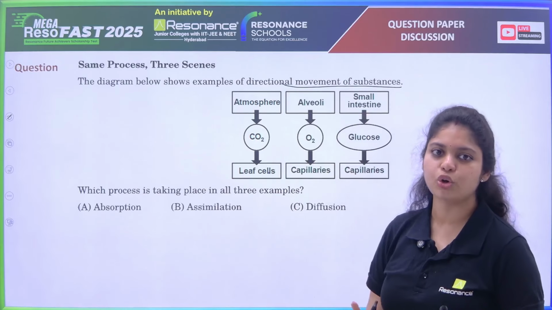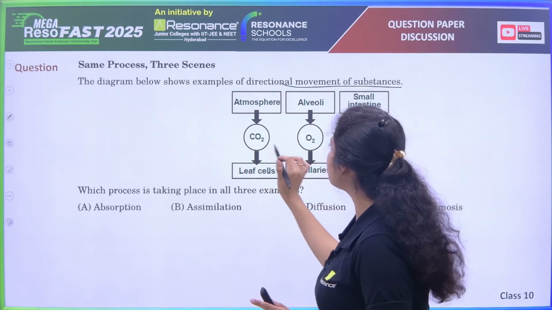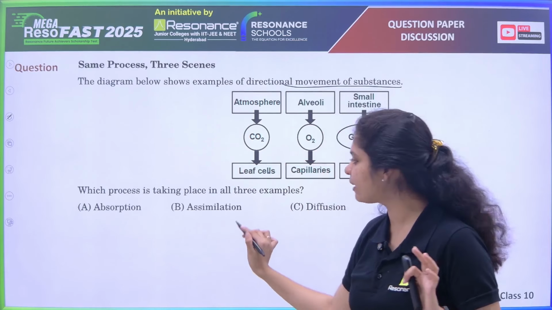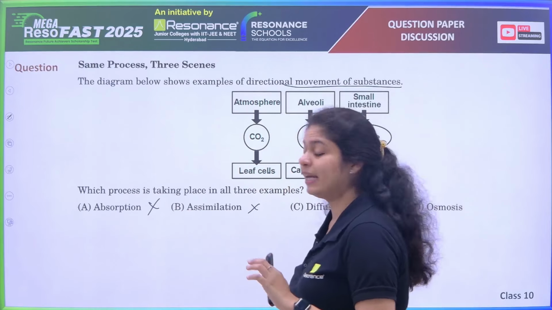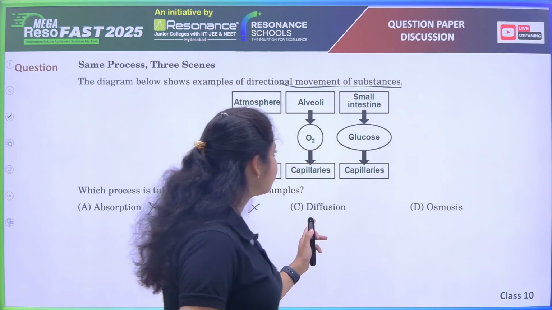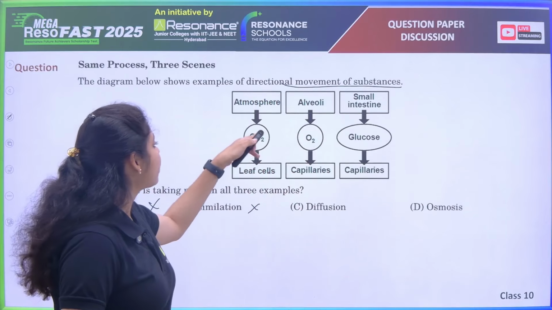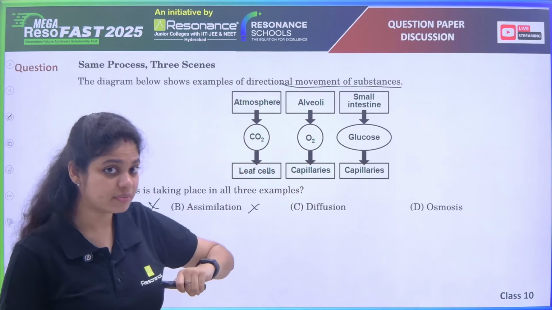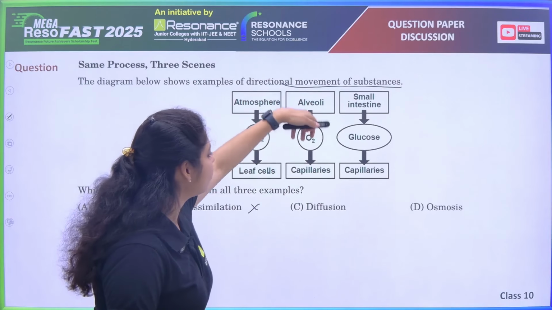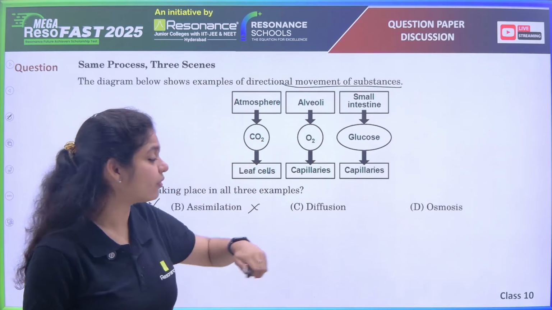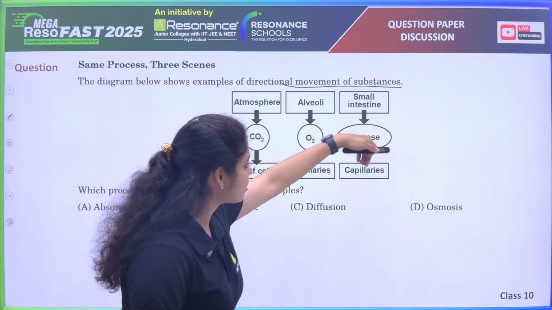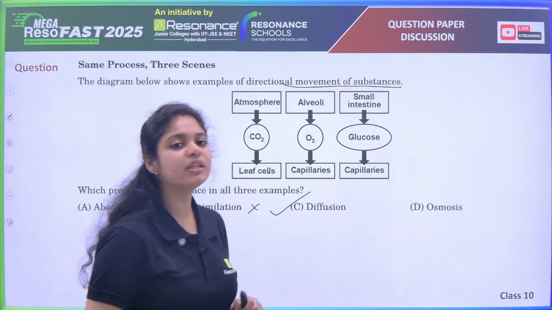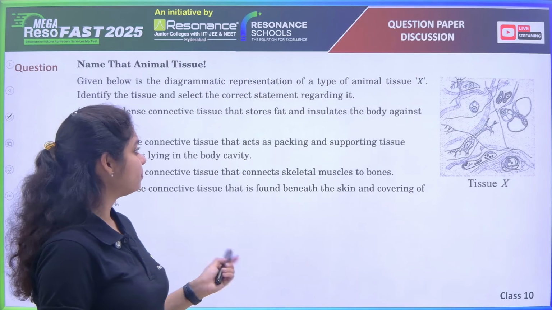Absorption, it could not be possible because these are not for absorption. Assimilation, nowhere related. So this is also eliminated. Coming to diffusion, yes. Here the carbon dioxide from the atmosphere gets diffused into the leaf cells. Oxygen from the alveoli gets diffused into the capillaries. Glucose from small intestine gets diffused into the capillaries. So diffusion would be the correct statement.